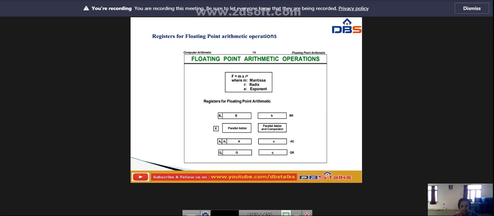Assume that the floating point number has the mantissa in signed magnitude representation and a biased exponent. So AC has the mantissa whose sign is in capital A, and the magnitude is also in A. In the diagram, the significant bits are labeled A1, A2 and so on.